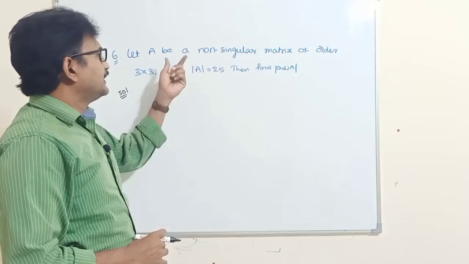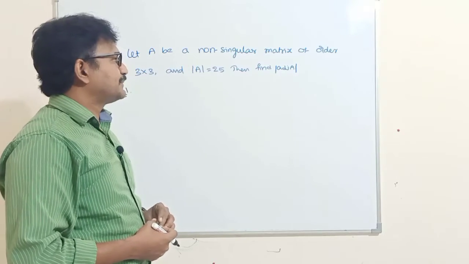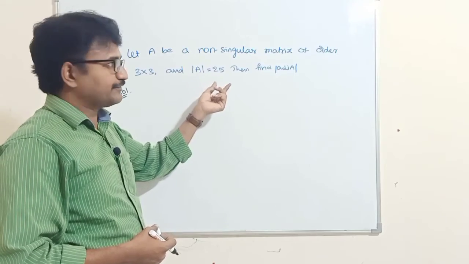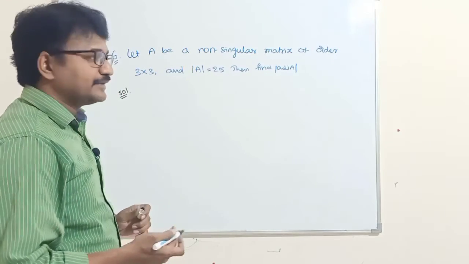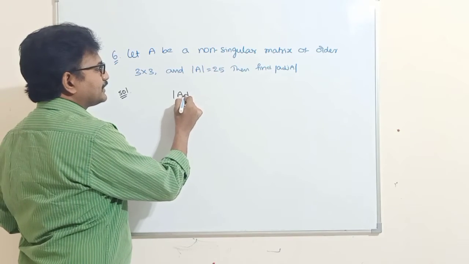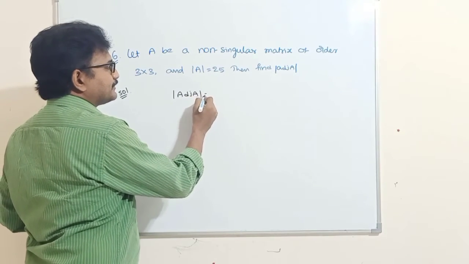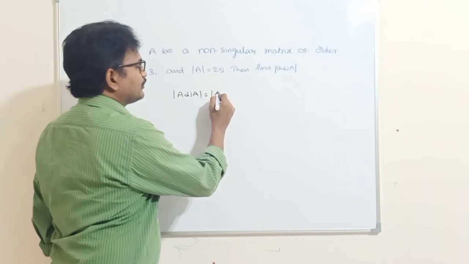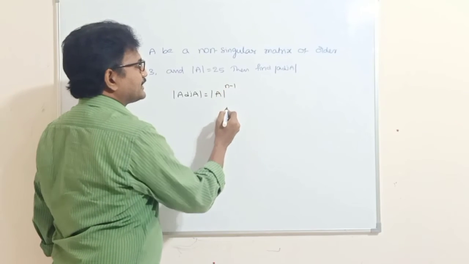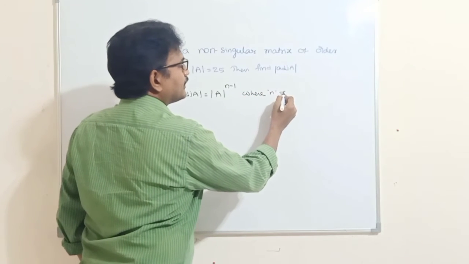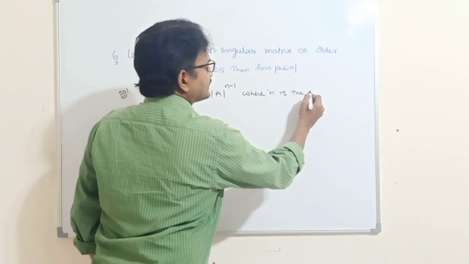Next problem. Let A be a non-singular matrix of order 3 by 3 and det A is equal to 25. Then find the determinant of adjoint A. Already I told you the formula for det of adjoint A. So det of adjoint A is equal to det A whole power n minus 1, where n is the order of a matrix.